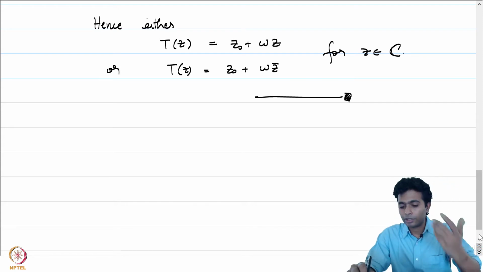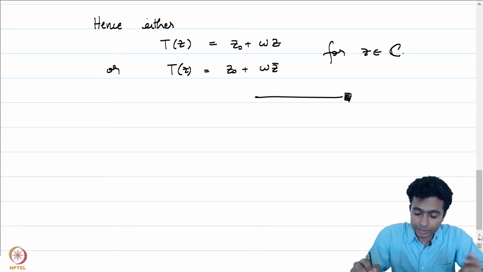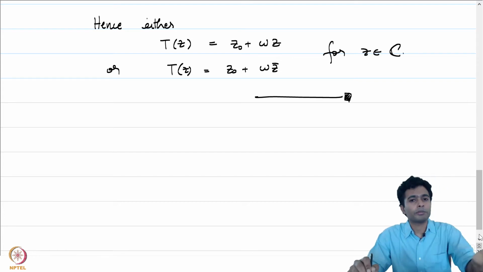It will be a rotation and a translation, or rather a rotation followed by a translation.